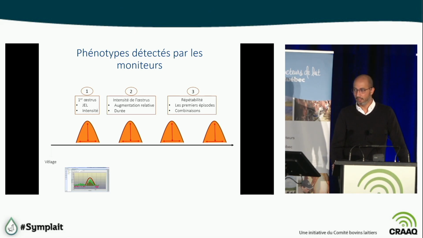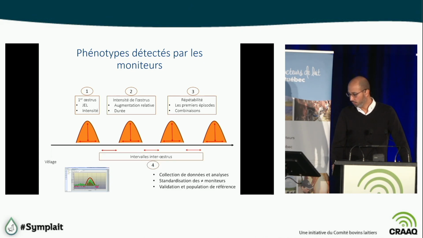And with that, the idea is that instead of using intercalving interval for genetic selection for reproduction, we use something a bit closer to biology, and perhaps something that we can also collect at a larger scale. So obviously there are quite a few challenges to get all this together.